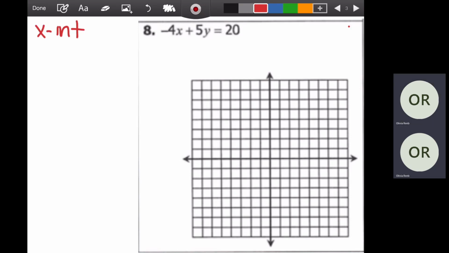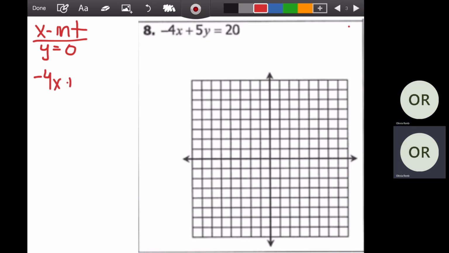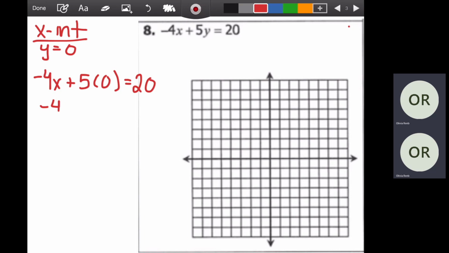When we solve for an x-intercept, we plug in where y is 0. So we have our equation, negative 4x plus 5 times 0 equals 20. Negative 4x, 5 times 0 is 0, they cancel out, equals 20.